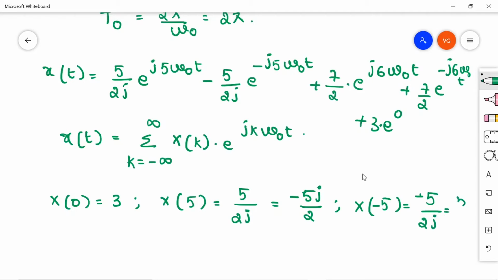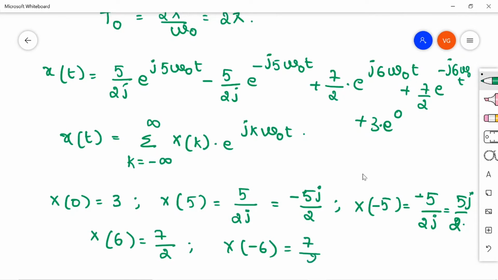Sorry, 5j by 2, right? Similarly, you have x of 6 is 7 by 2. X of minus 6 is also equal to 7 by 2, right? So these are the complex coefficients that I have. So till now I have followed the same procedure as in the previous problem.